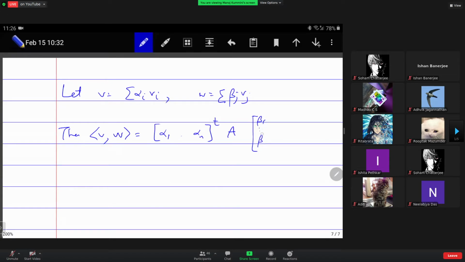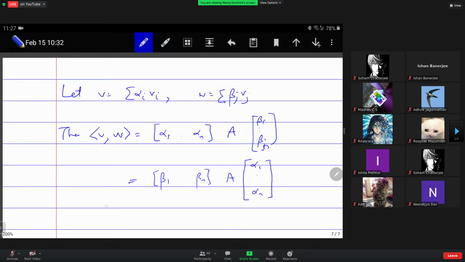Beta n. Okay. Because of the symmetry of A, this is the same thing as beta 1 through beta n, A, alpha 1 through alpha n. Okay, sorry, I don't need to put a transpose here. I've already transposed it.